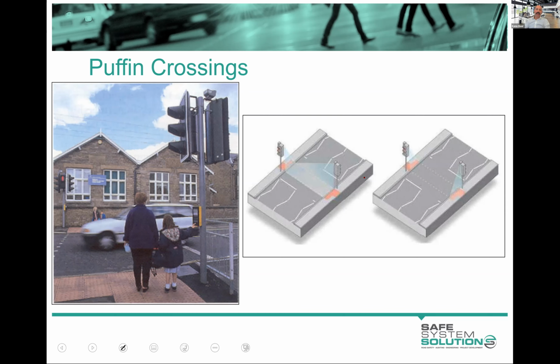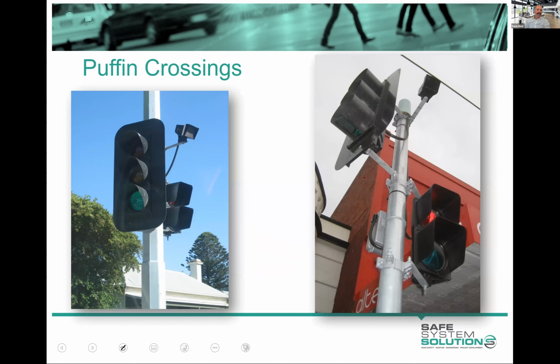And that's really the same technology as when you walk up to your house at night and the lights go on, just put into the traffic signals. So if there's movement on the crossing, it holds the red light for the cars until the crossing has cleared. So that's your puffin device there.